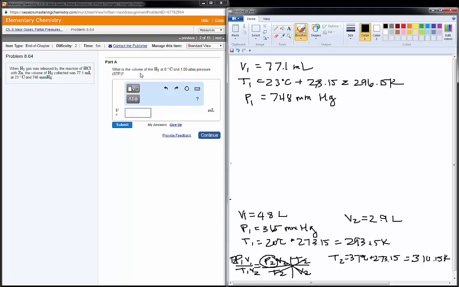They want to know what the new volume is if we're at 0 degrees Celsius, plus 273.15 to make that Kelvin, and 1 atmosphere of pressure.